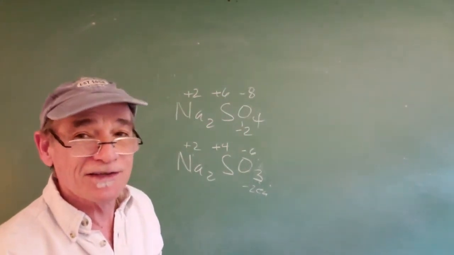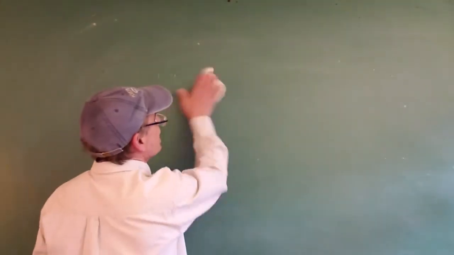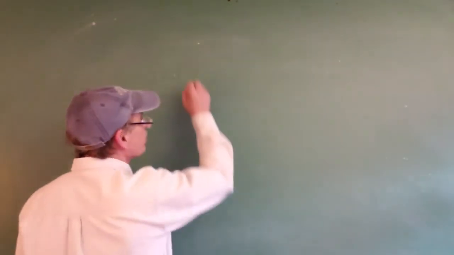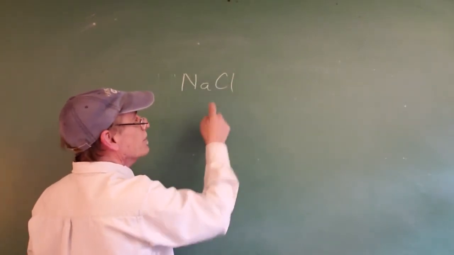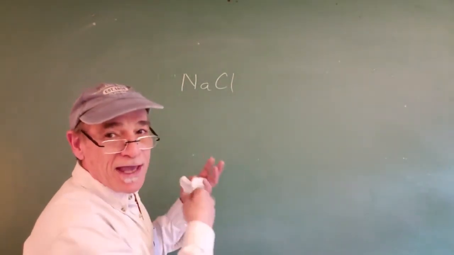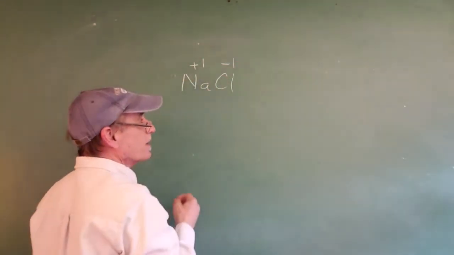As a matter of fact, let me show you another example. If we were to look at something really simple like sodium chloride. Now here's a case where a simple, binary compound with a cation and an anion, the sodium clearly is +1 and the chloride's -1.